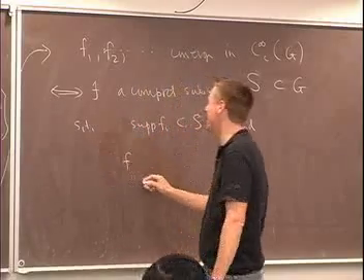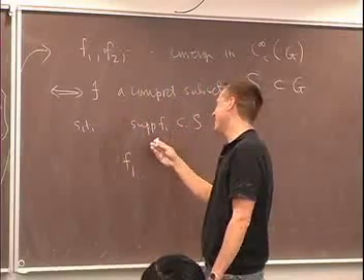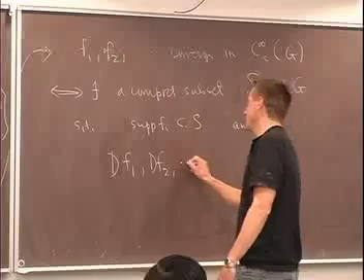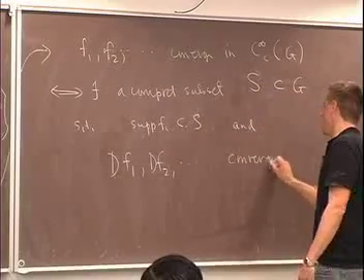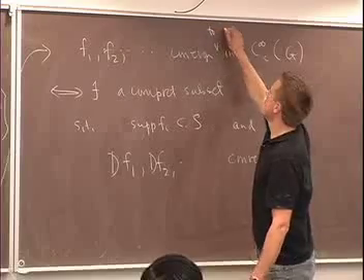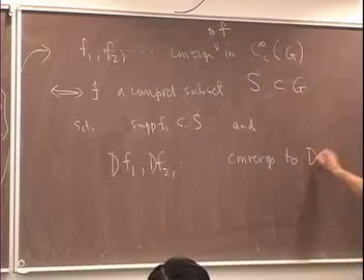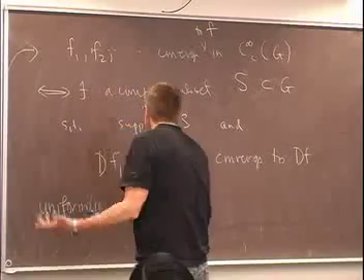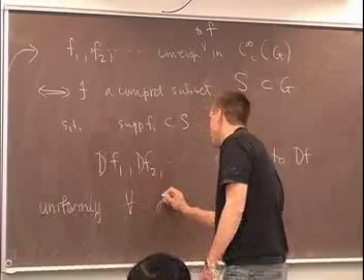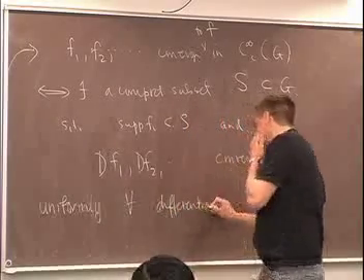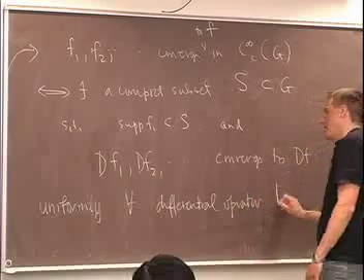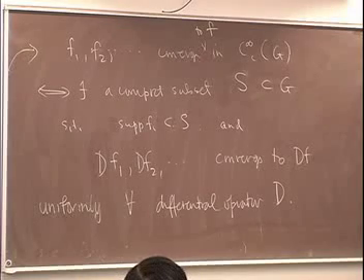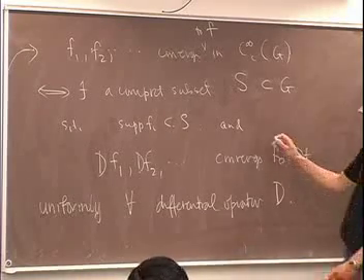I just put a bunch of differential operators D. So Di converges to DF uniformly on S, for all differential operators D. But it's important to stress here that you fix D and then you have uniform convergence, not uniformity over D's.